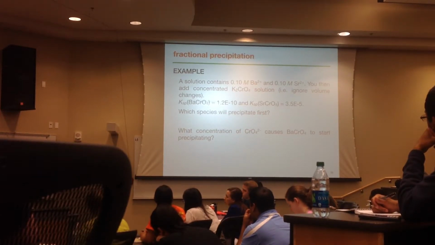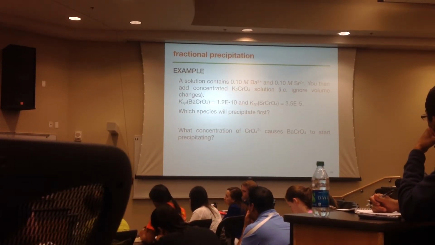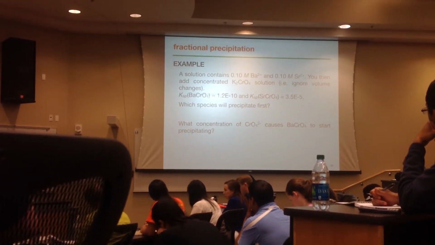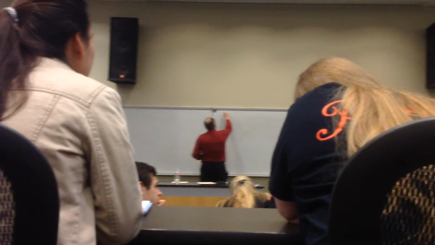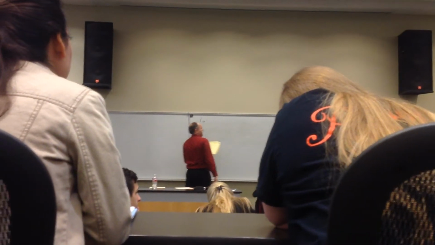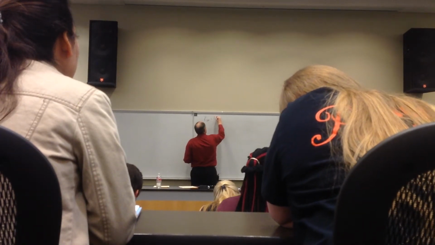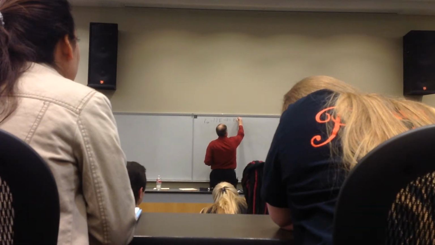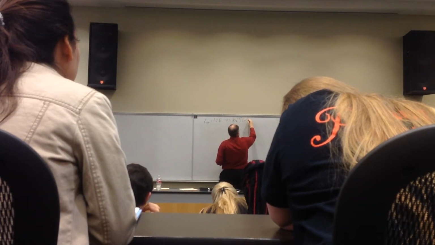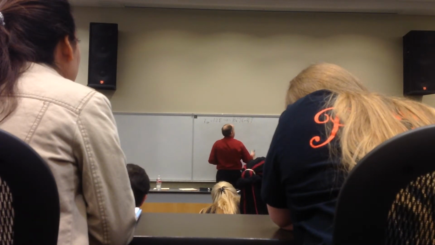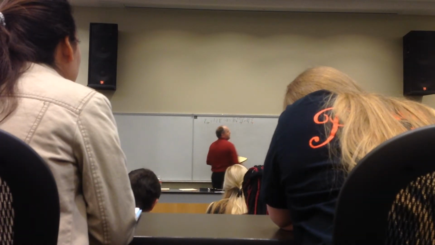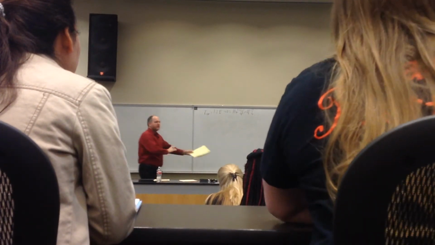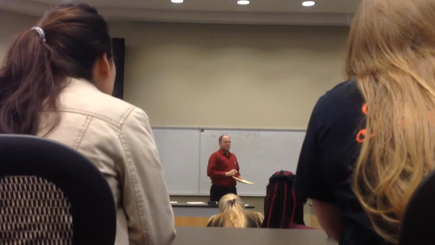Okay? Now, question is, what concentration of chromate causes my barium chromate to start precipitating? In order to do that, I write down the KSP for barium chromate, which is 1.2 times 10 to the minus 10, and that has to be equal to the barium concentration times the chromate concentration at equilibrium. Now, when a problem says just causes it to start precipitating, that in essence tells you it's at equilibrium. Okay?